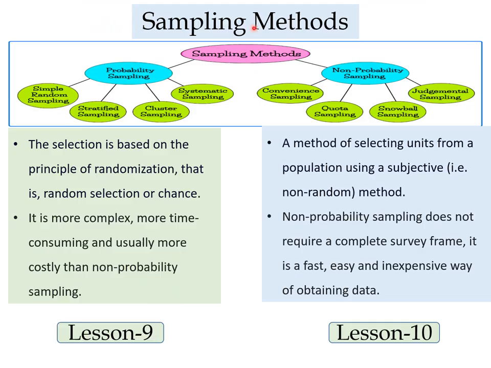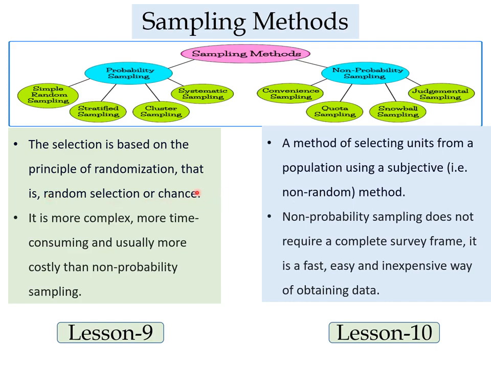Let's see the overview of sampling methods. Sampling method is subdivided into probability sampling and non-probability sampling. In probability sampling, the selection is based on the principle of randomization, that is, random selection or chance selection.